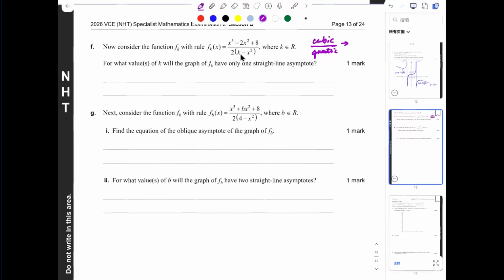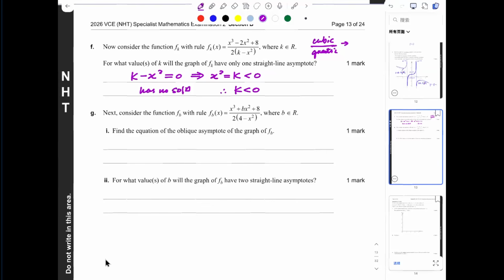Then, if you don't want any vertical asymptote, there must always be an oblique asymptote, which is a linear function, y equals mx plus c. Therefore, what I can say is, if k minus x squared equal to 0 has no solution, this would be x squared equals k, means it's less than 0. Therefore, I'll say k is less than 0.